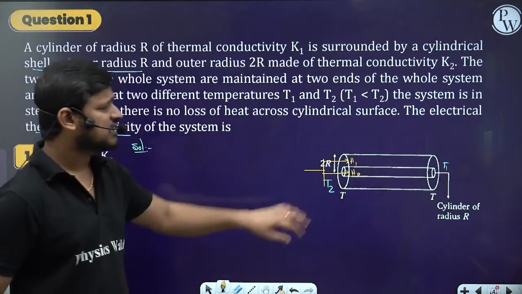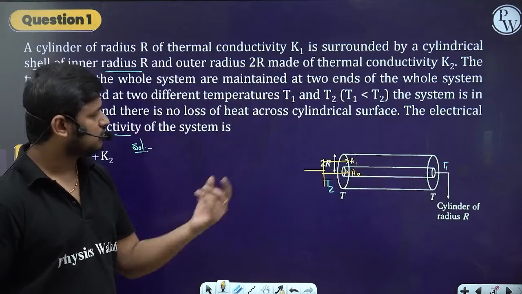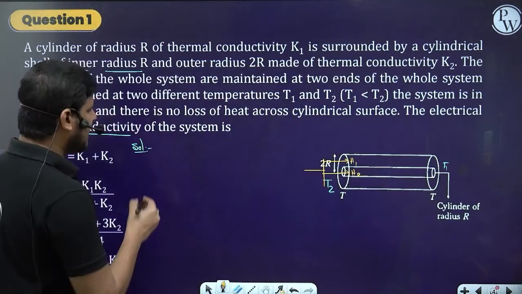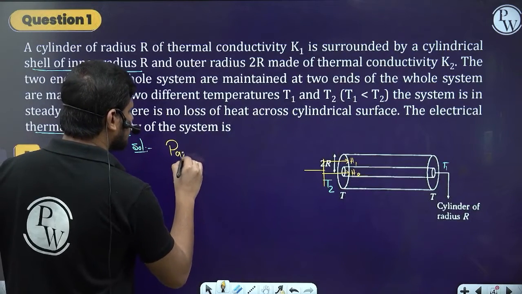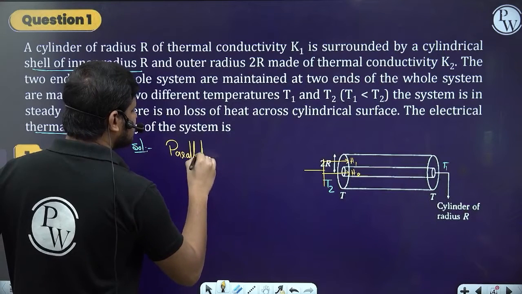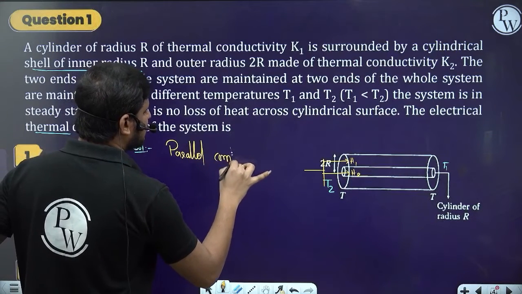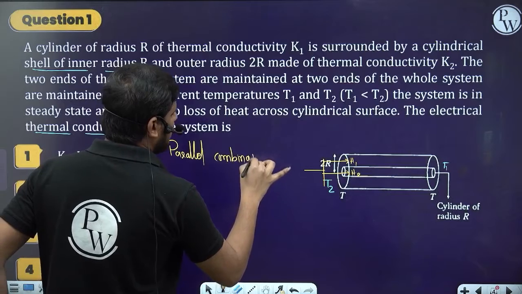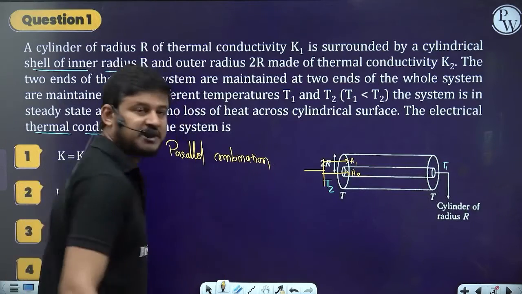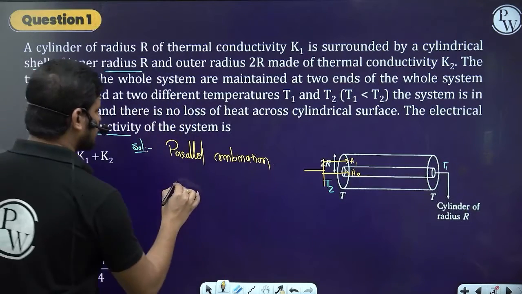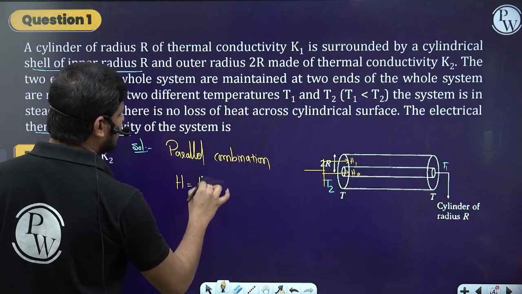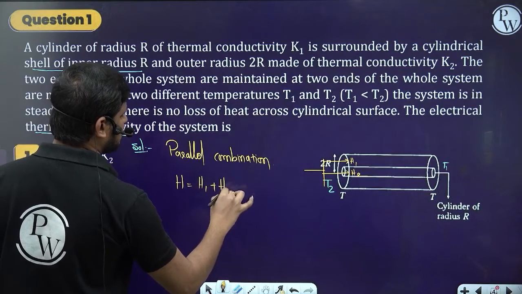That means the two given conductors are in parallel combination. The first thing you have to understand is whether they are in series or parallel combination. So they are in parallel, and the total H is H1 plus H2.